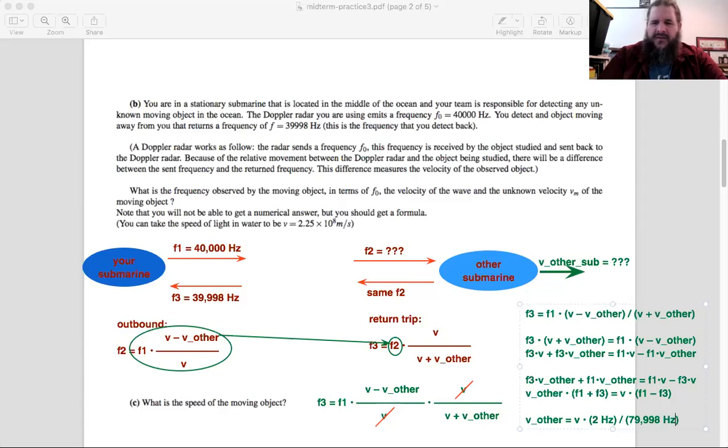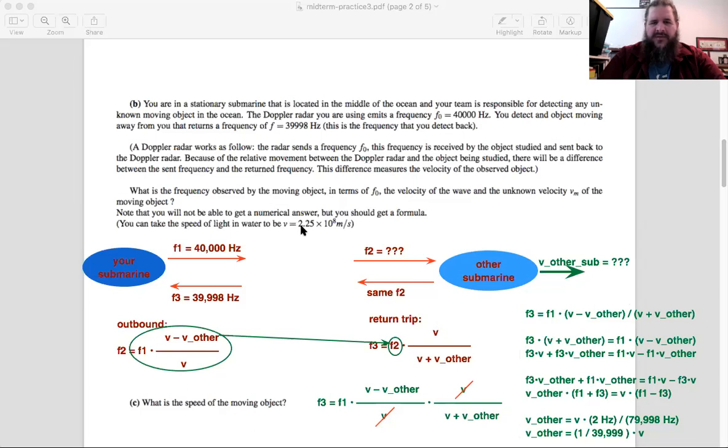Hertz and hertz cancel out, so we get 2 over 79,998, which is 1 over 39,999. So we end up with the other submarine going 1/39,999th of the speed of light.